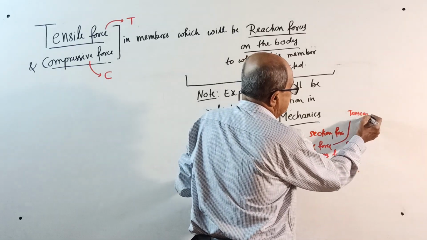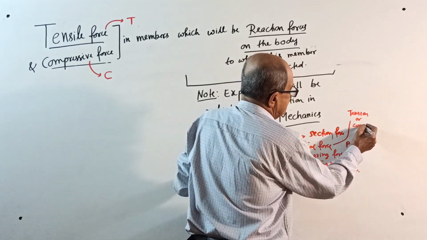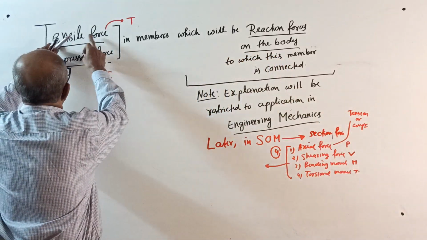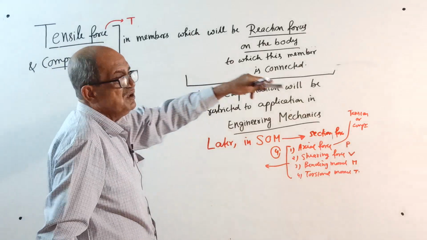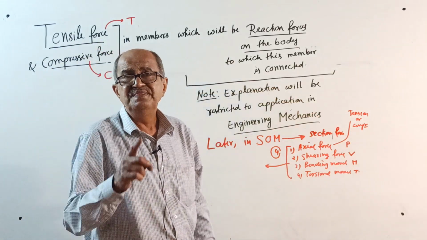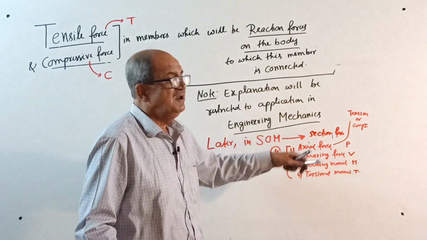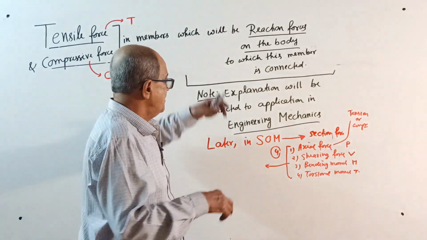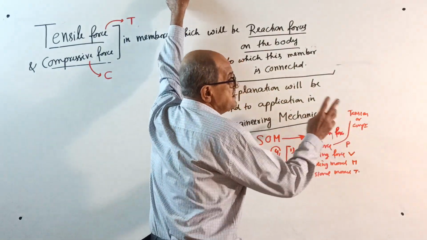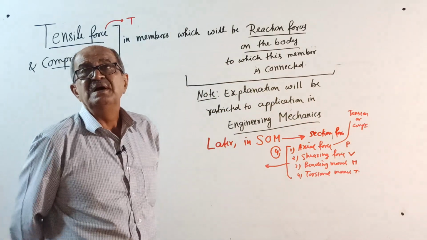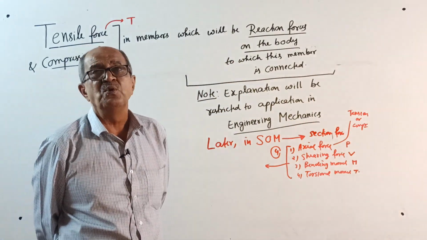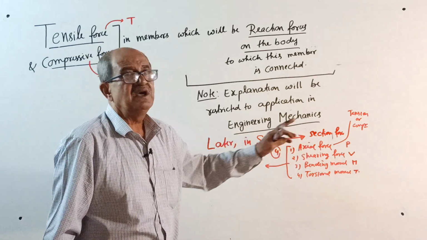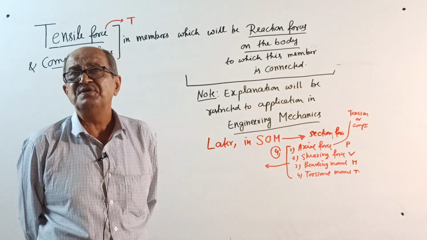See what I wrote here, tension force or compressive force, it will come in axial force. There, we will discuss very elaborately tension and compression. See, internal force, internal resisting force, stresses, strains, deformation, everything will come there. Capacity of the member to resist it.